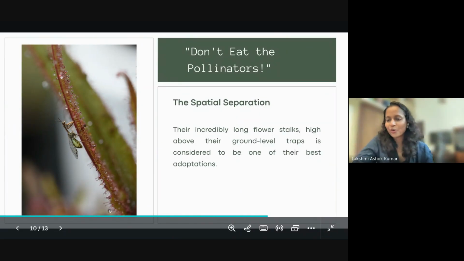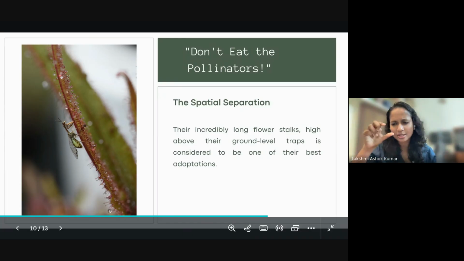Usually we would have this doubt: these plants eat insects, so who will pollinate them? What if the pollinators get eaten up? That's a very common question, right? In order to tackle this difficult situation, these plants have developed very long flower stalks that come out of the plant, and they are very high compared to the plant.